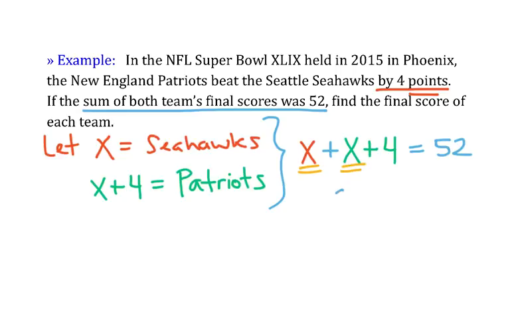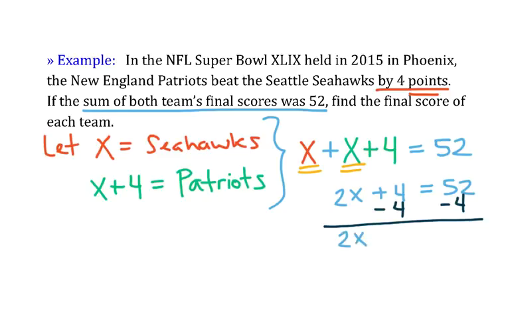So I have 2x plus 4 equaling 52. And then we're solving for x, so next I'll go ahead and subtract 4 from both sides. And that leaves 2x on the left-hand side, and 52 minus 4 will give us 48 on the right-hand side.